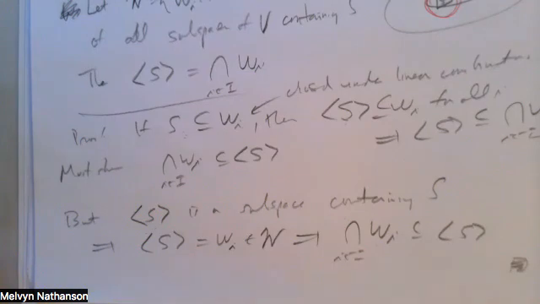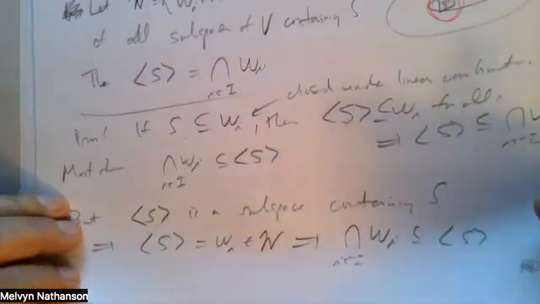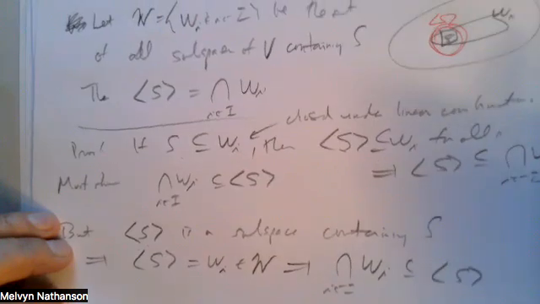So this might require a little bit of thinking to understand. So this tells us something about the subspaces of a vector space and the subspace of a vector space generated by a fixed set S of vectors. It's a very significant theorem. Everything in today's lecture is significant.